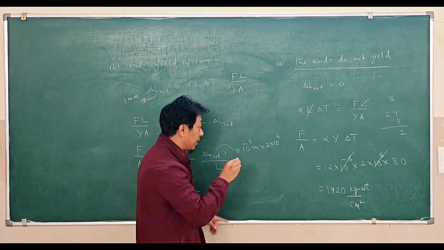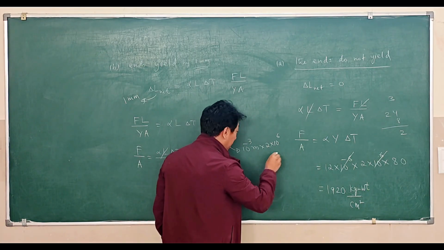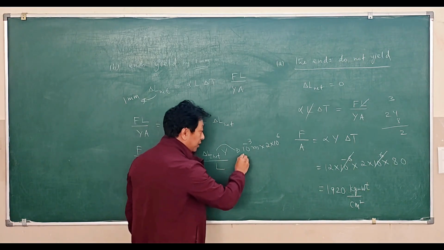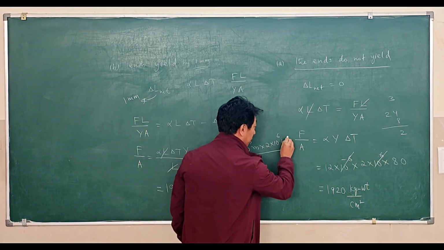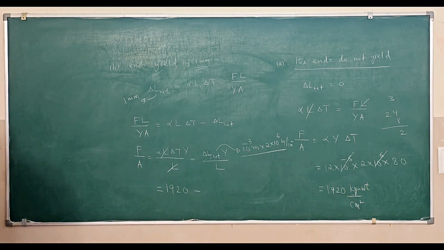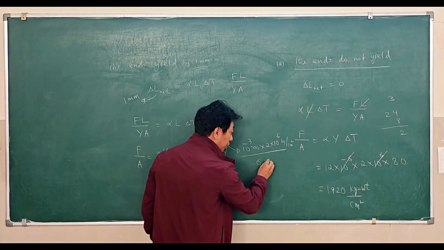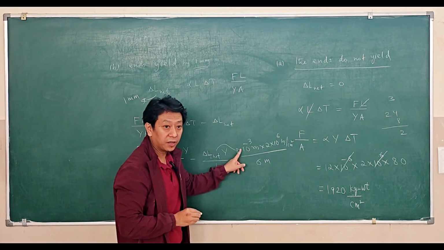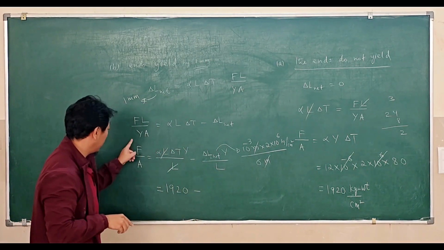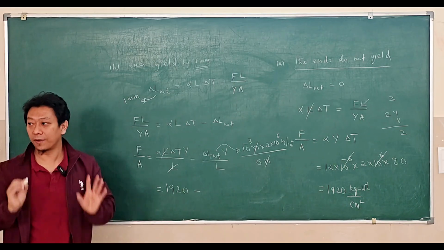So be careful, guys. This Y is in kg per centimeter square. Sir, if this is per centimeter square, why did you make it meter? Because this L is in meter. The original length is given as 6 meter. So did you see why I converted this to meter? So that meter cancels and the unit of this whole thing will still be kg per centimeter square.